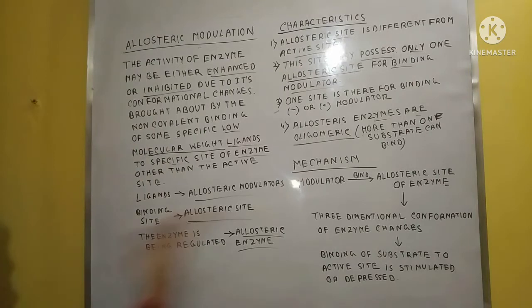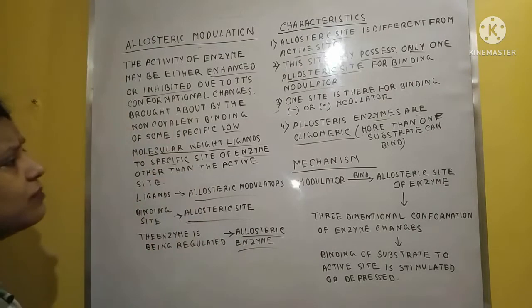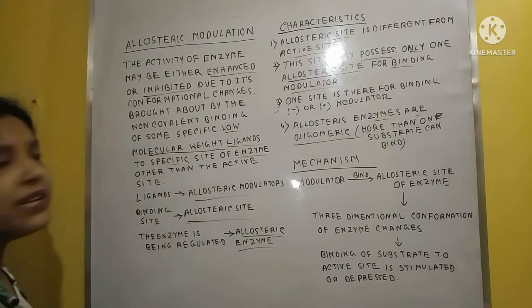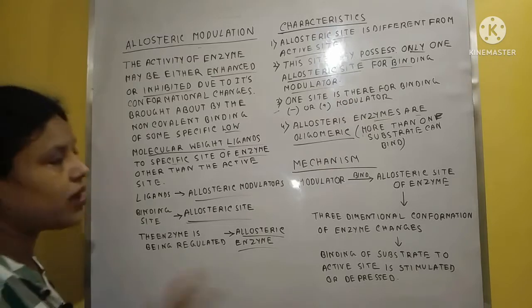Now we learn the mechanism, that is, how the allosteric modulator controls or regulates the enzyme and its substrate binding capacity or activity.